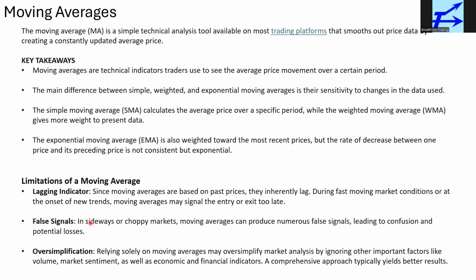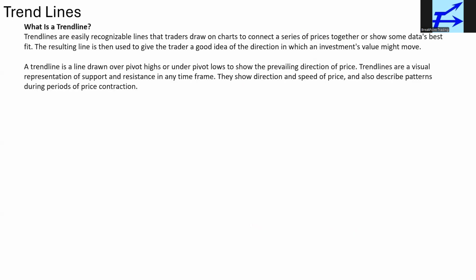If you notice that the market is starting to move sideways, if it's in one of those areas, either accumulation or distribution at the top or the bottom, the moving averages will give false signals, and you have to look at other things. And then oversimplification, relying too much and ignoring important factors like volume, market sentiment, as well as economic and financial indicators. So something that I say all the time, you have to look at everything. Don't just rely on one particular indicator.